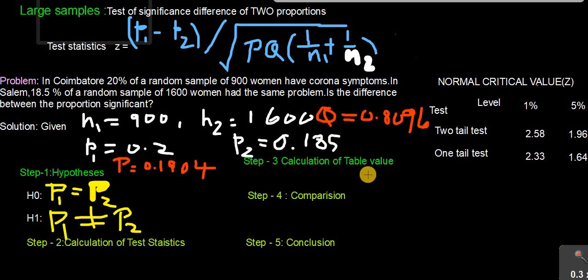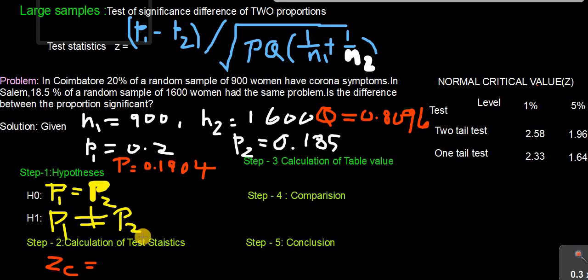The final answer would be equal to 0.92. You have to get the value of the test statistic, that is, the calculated value of the test statistic Z would be equal to 0.92. So if you calculate here, what you are going to get is 0.92.